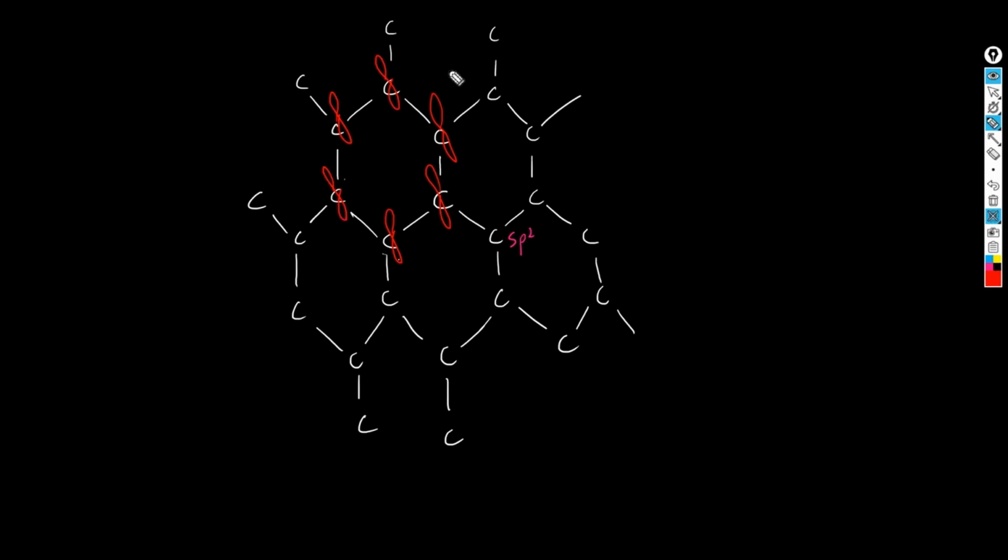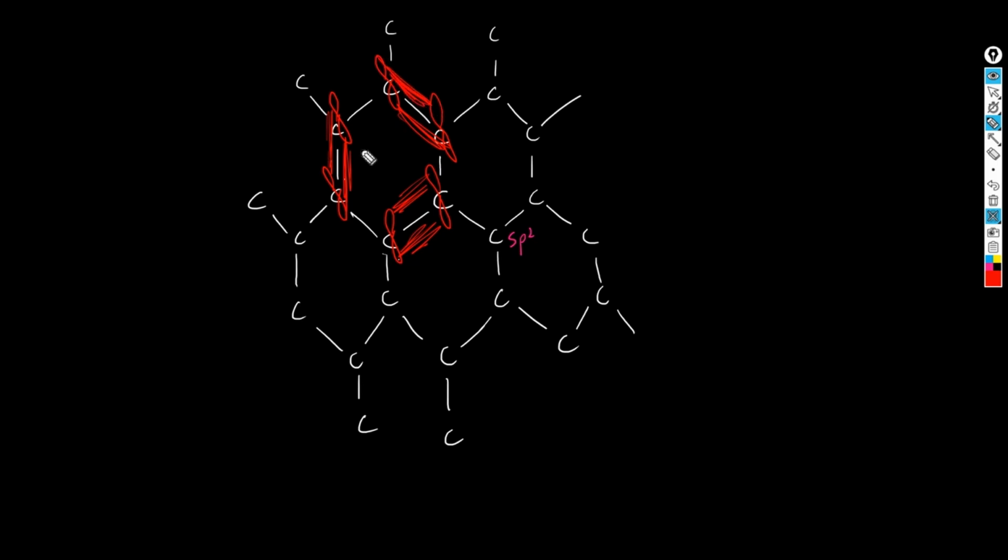Like we learned in the last chapter, whenever we have p orbitals that are not being used and they're next to each other, they'll start creating pi bonds by overlapping with each other. So all of these carbon atoms create these pi bonds with each other.